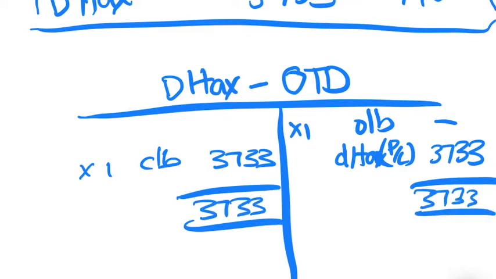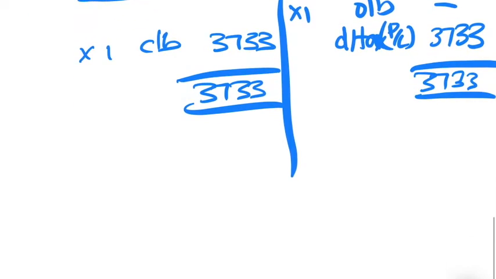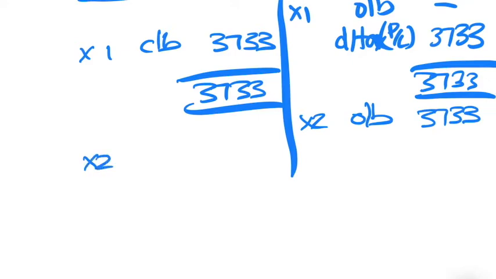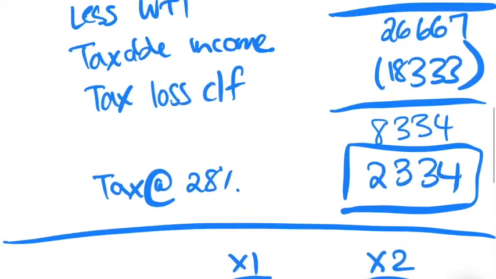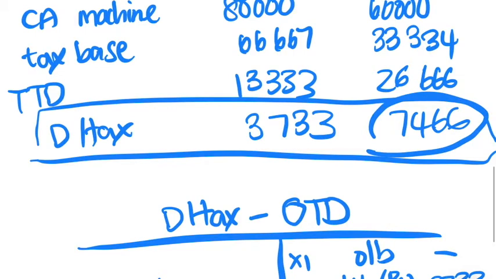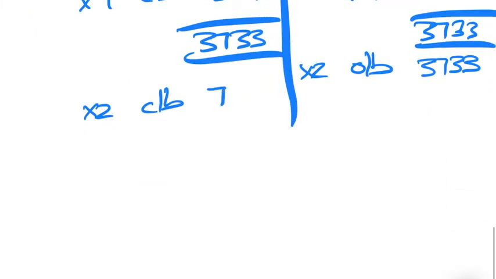Then in the following year, in X2, we have an opening balance of 3,733. We calculated our closing balance up here, where is it? Over there, to be 7,466.